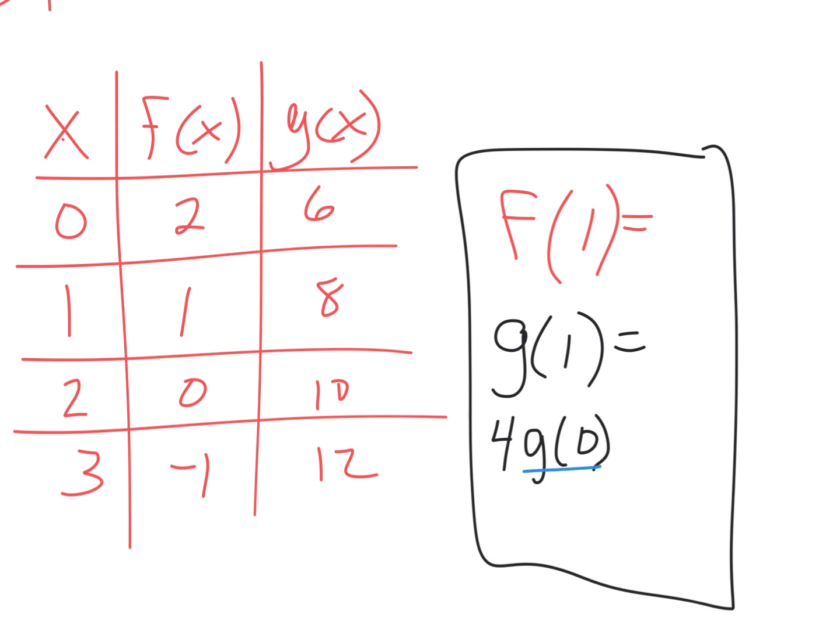And just start with g of 0 and realize that that means 4 times. And last but not least, g of f of 0.